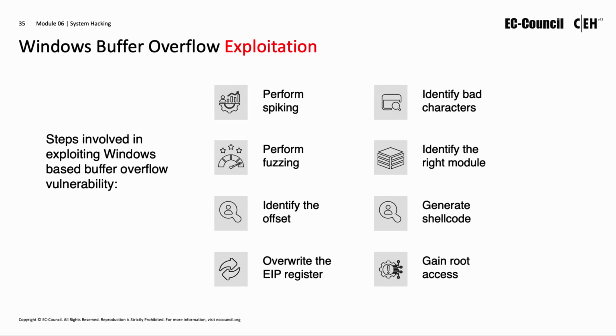So here's one. Ready? Generate shellcode. Perform fuzzing. Execute shellcode. Identify bad characters. So execute shellcode is not on the list, right? It's not on the list. I mean, obviously you have to execute it, but it's not on the list. So therefore, you would choose execute shellcode because it's not on that list. So make sure you know this list.